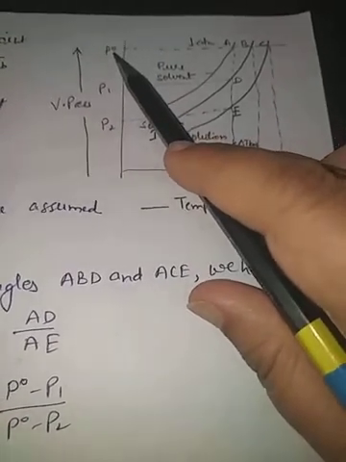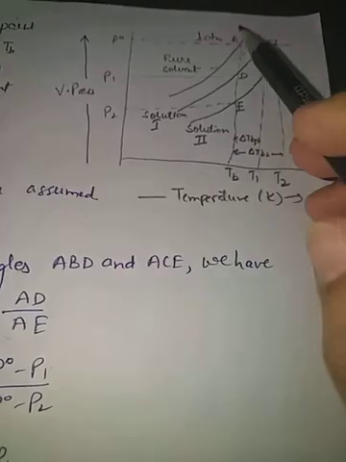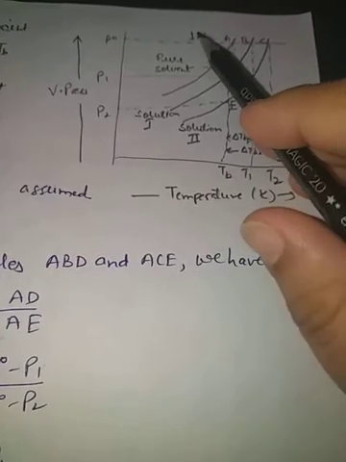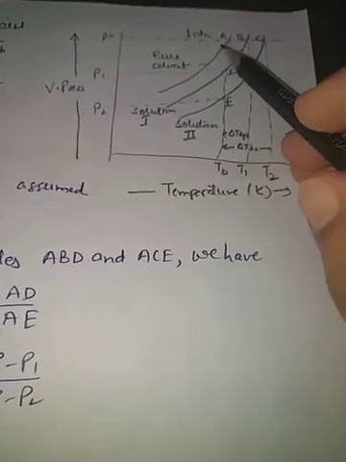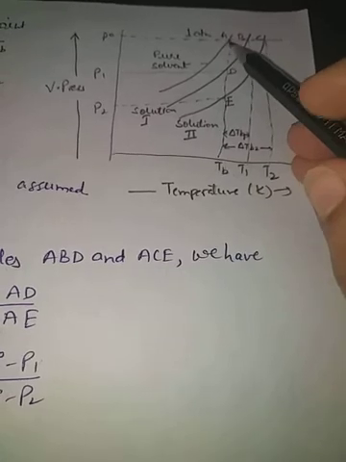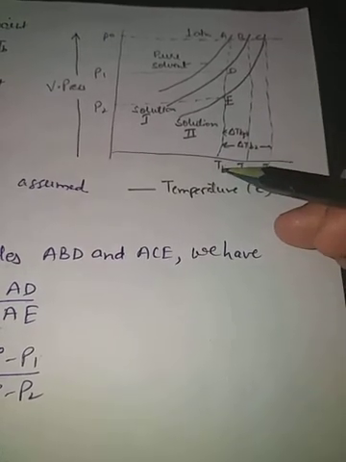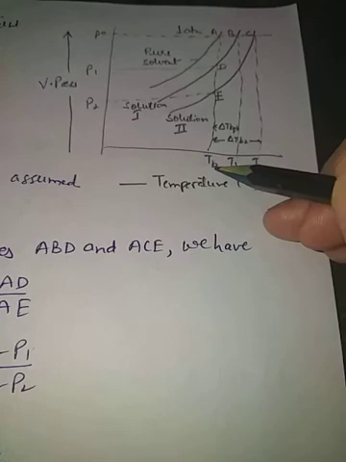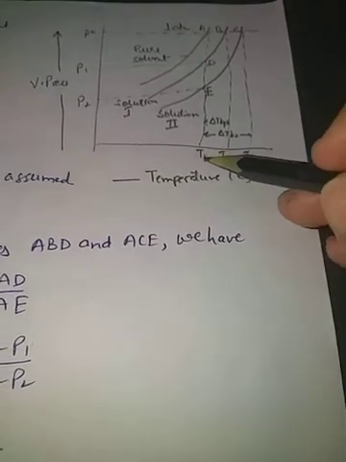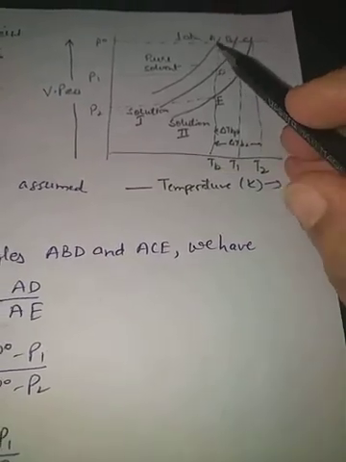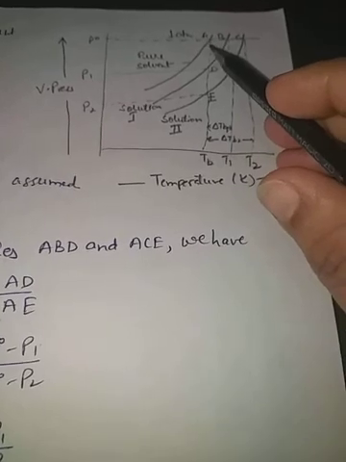P naught is the vapor pressure for the pure solvent. Here its vapor pressure becomes equal to the 1 atmospheric pressure at point A. It means its boiling point is TB, this is showing temperature at TB, its vapor pressure is P naught.